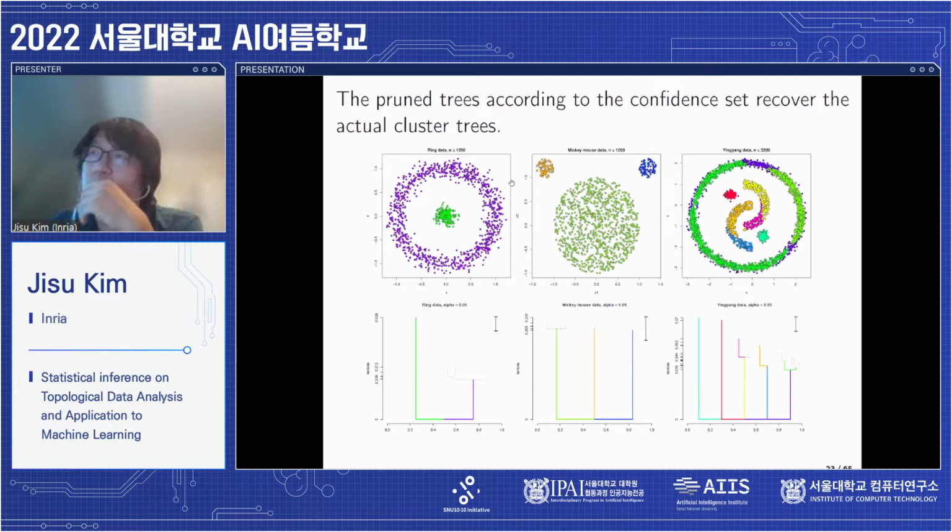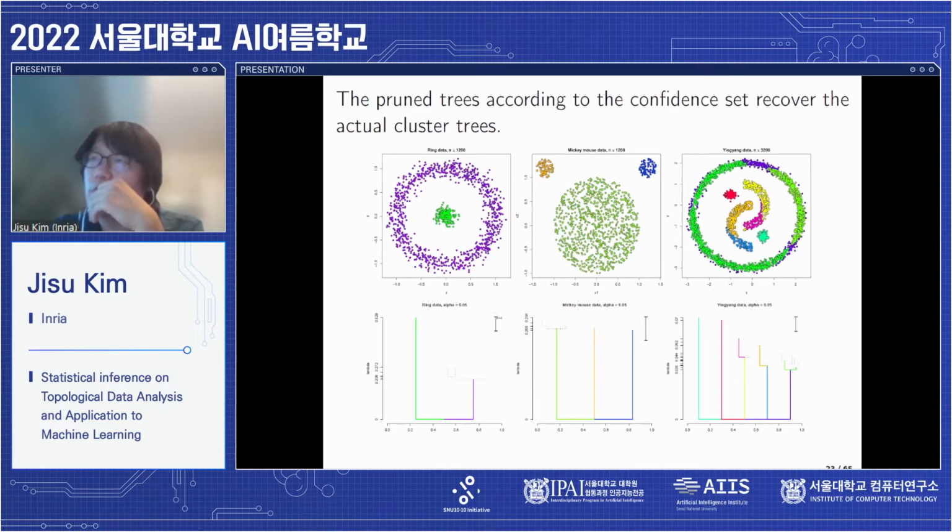Yeah, so this is an example of how the confidence set for the cluster tree is done on some simulated data. For example, if you have this data given and then compute the cluster tree, you have this kind of tree with this kind of small leaves as well, which mostly come from the sparsity of the points here.